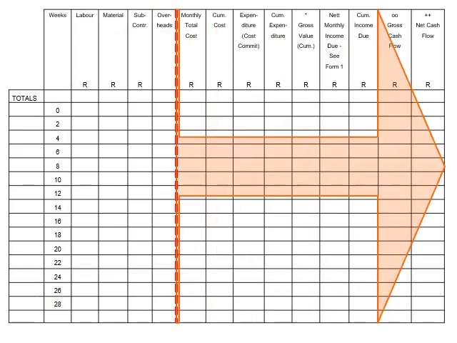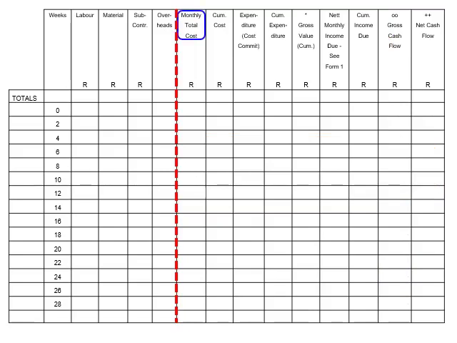From here on, we shall be using this information to calculate advanced information for developing the budget graph, and cash flow graph. The worksheet makes provision for the following advanced information to be calculated: monthly total cost, cumulative cost, expenditure, also referred to as cost commitment, or actual money to be paid, cumulative expenditure, cumulative gross value, net monthly income due.